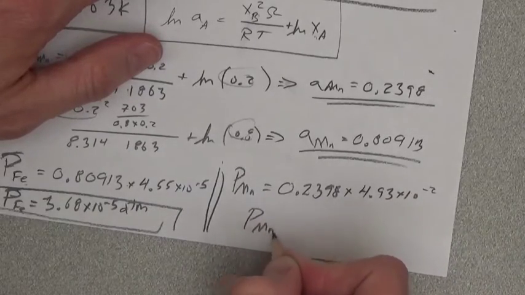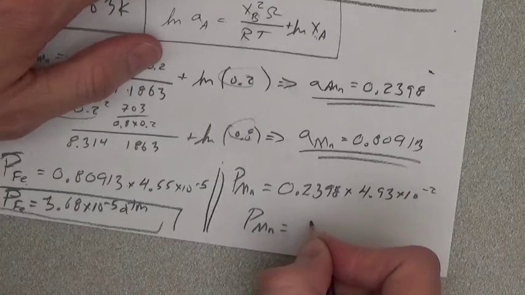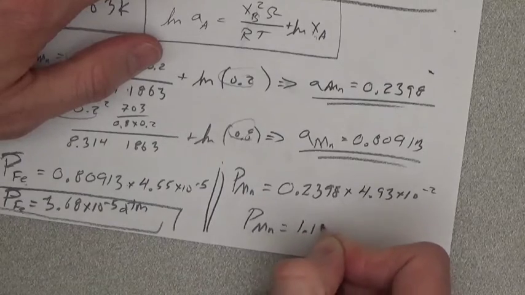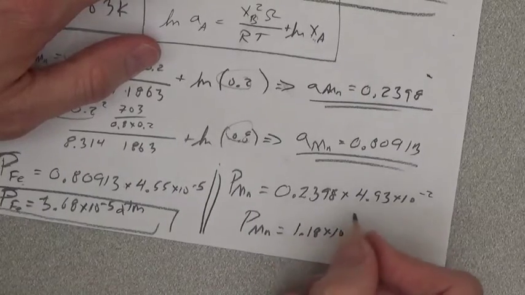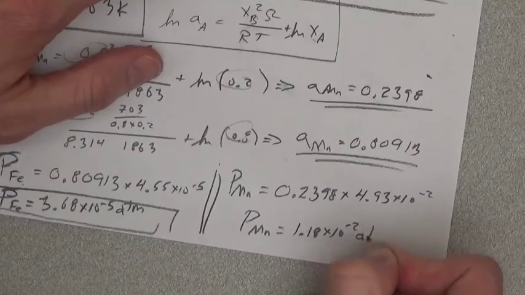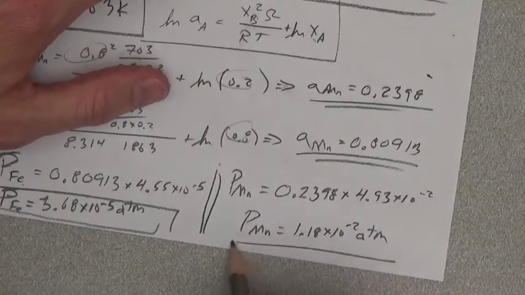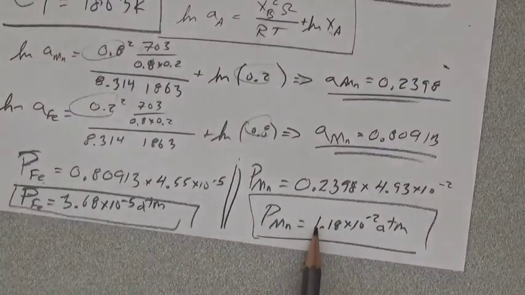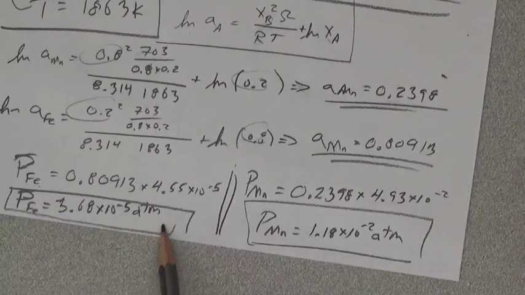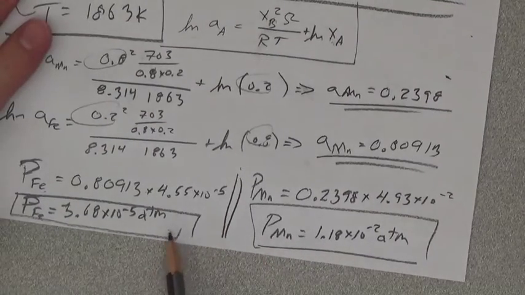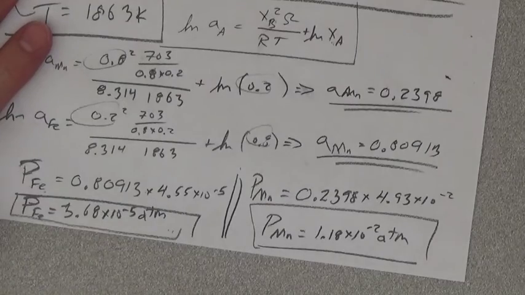So the partial pressure of manganese is equal to 1.18 times 10 to the minus 2 atm. So the partial pressure of manganese is 3 orders of magnitude greater than the partial pressure of iron above this mixture.